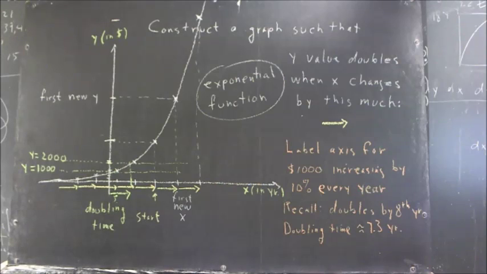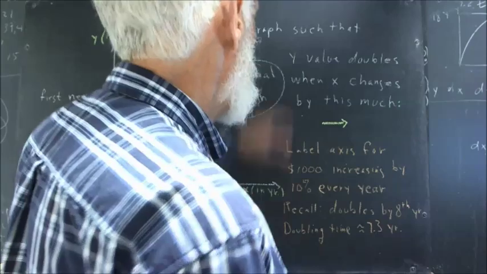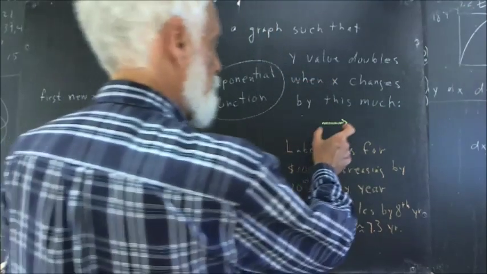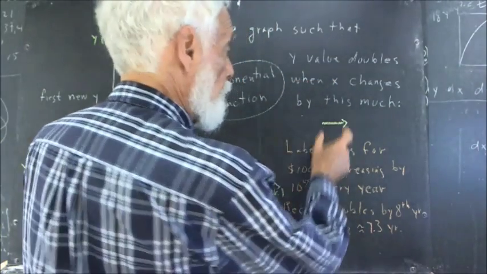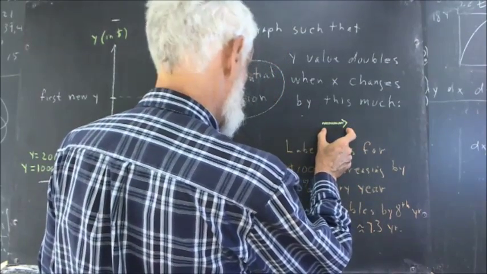Now, the other thing, of course, and the way I would have kind of expected people to answer the question, although this is every bit as good, is, let's see, the doubling time is 7.3 years, and y doubles when x changes by this amount. So the length of this arrow ought to be the doubling time.